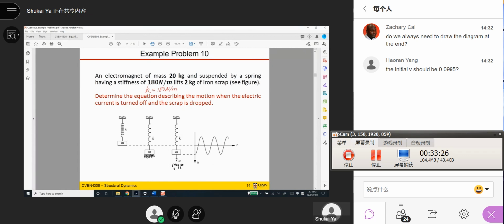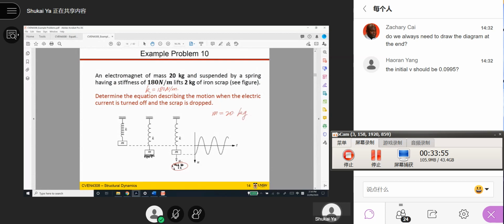Suddenly we turn off the electricity, and the iron scrap will drop down. Finally, the system has a mass equal to 20 instead of 22, because the iron scrap has dropped down.